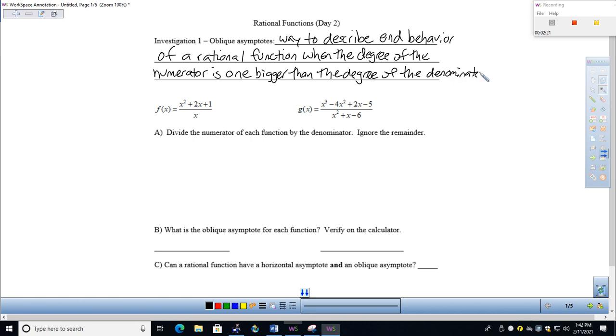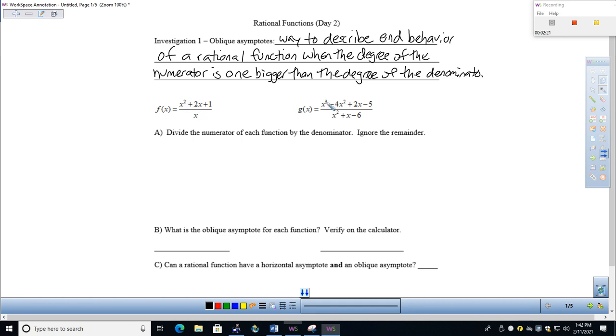If you remember when we talked about the horizontal asymptotes, we compared the degree of the numerator to the degree of the denominator. And there was one scenario where there was no horizontal asymptote, and that was when the degree of the numerator was greater than the degree of the denominator. So we're going to explore that particular scenario in a little more detail here. Specifically, when the degree of the numerator is 1 bigger than the degree of the denominator, and you can see that here, degree 2 over degree 1.